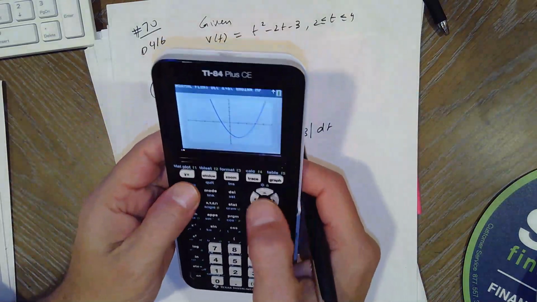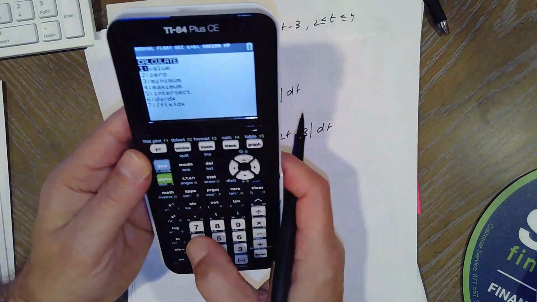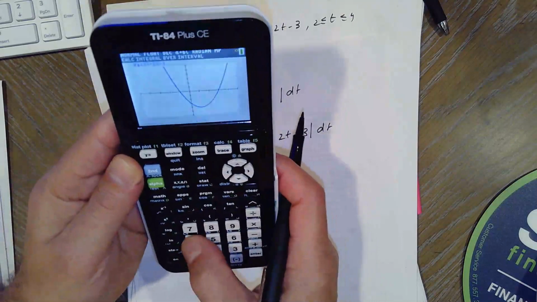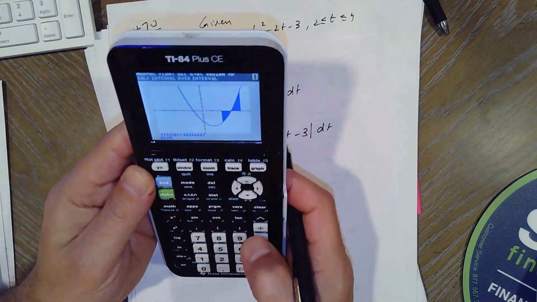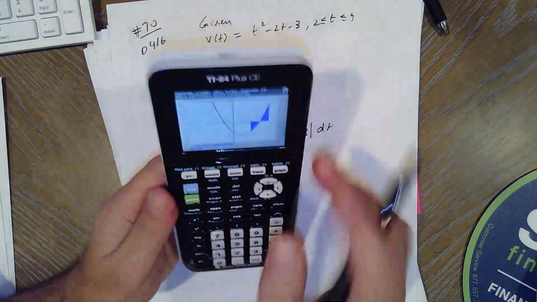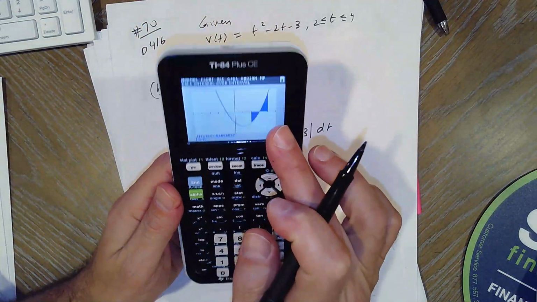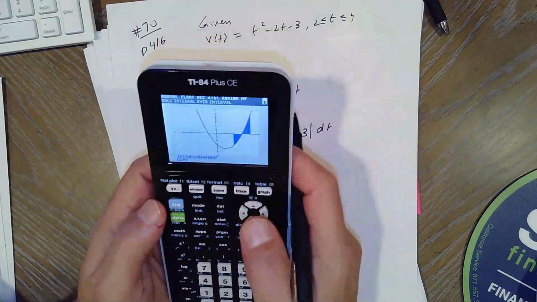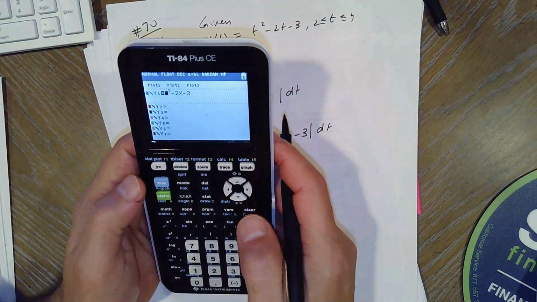So if you do the integral from 2 to 4, which we just did in part A, it gave us the 2 thirds, and it gave us the negative plus the positive. Now we want both to be positive, so we want to do absolute value.